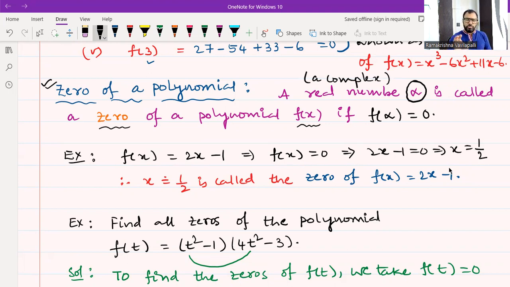But anyway, to give a precise definition, a number x equal to alpha is sufficient, whether it is real or complex. So if 8th class or 9th class students are following this, they need not worry about complex numbers. You just think about a real number.